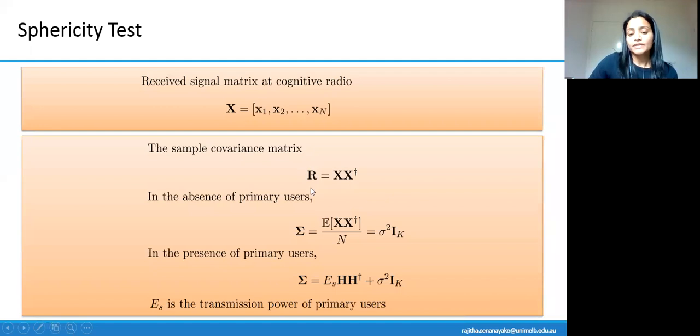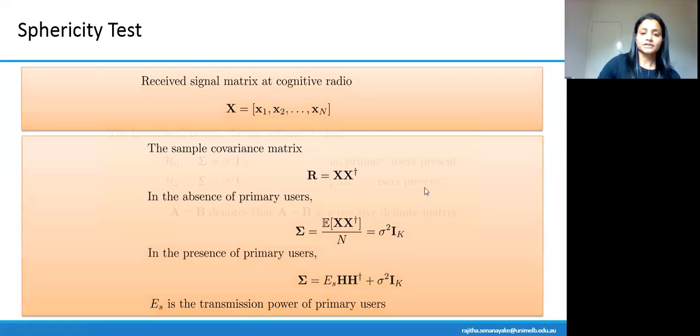So the sigma matrix now is slightly different, because apart from this term, I also get this term that corresponds to the signals transmitted by the primary users. So the structure of this population covariance matrix changes depending on whether there is a primary user or not. That is what we check under the sphericity test.